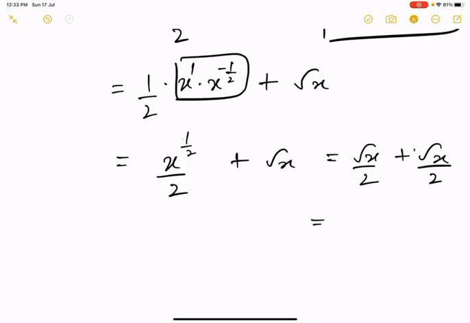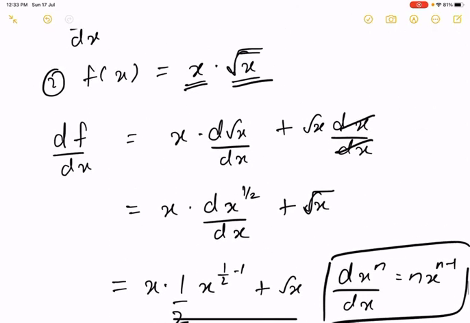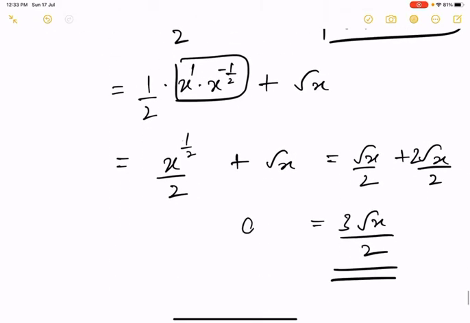I'll multiply both denominator and numerator with 2, only then I can add the numerators. So this is 3 root x divided by 2, correct? So my differentiation of f of x, that is the derivative of f of x, is this.